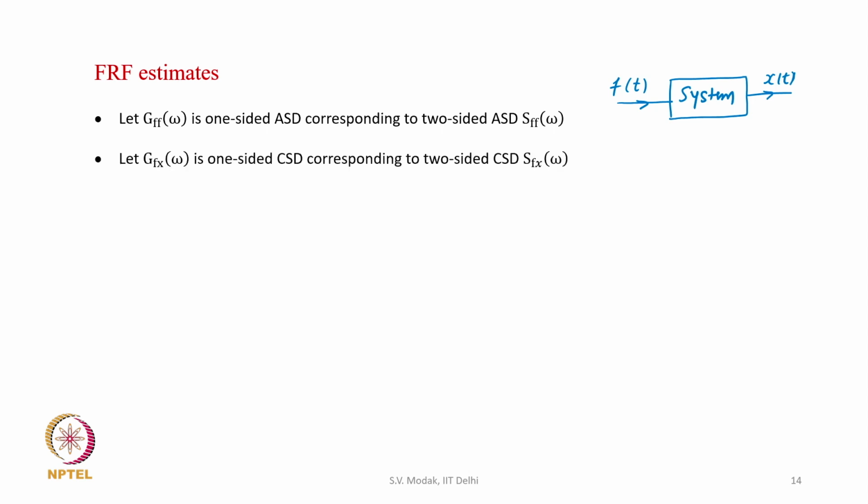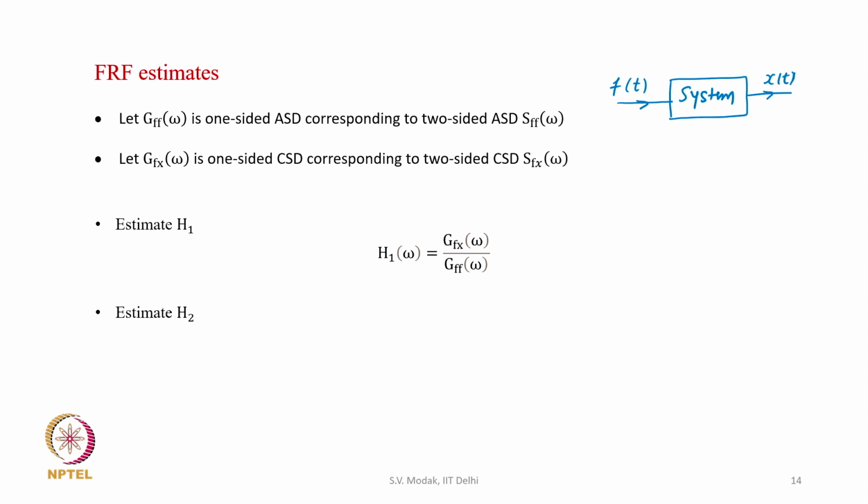Then we can determine the cross spectral density Sfx, between the force and the output response x, which is two-sided, and let Gfx(omega) be the one-sided cross spectral density corresponding to the two-sided cross spectral density Sfx(omega). And then we have earlier defined the FRF estimate H1, which is the ratio of Gfx and Gff. So for the random input and output, we can determine Gfx, Gff, and then determine the frequency response function estimate H1 from this relationship.